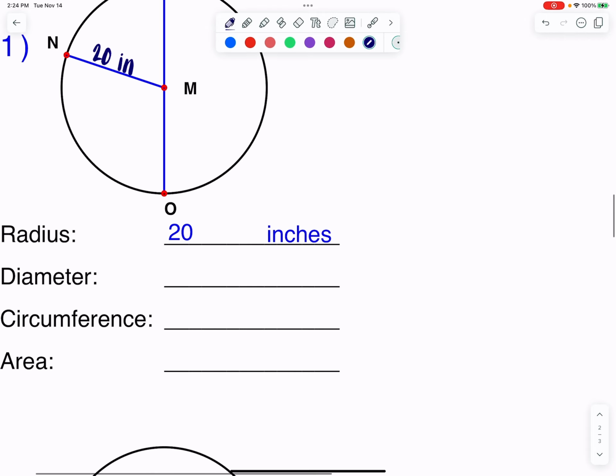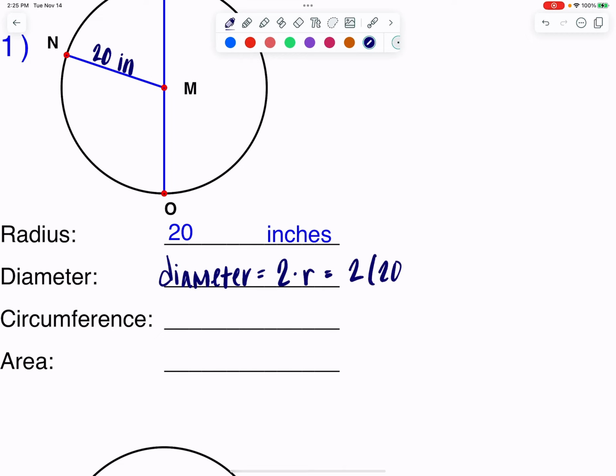Now for diameter, I know that diameter is 2 times the radius. So that would be 2 times 20 inches. So my diameter is 40 inches.